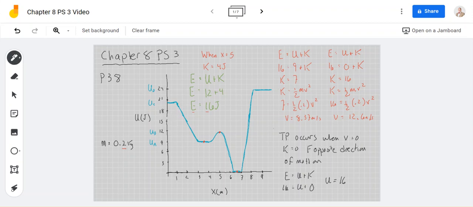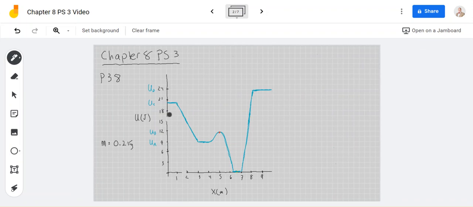So if I look here, this is 15, 16, 17, 18. So 16 would be right here. That means that right here is going to be a turning point. So how are we going to calculate that? And that also means that this is going to be a turning point also on the left side. So let's move over here. Same thing applies here.